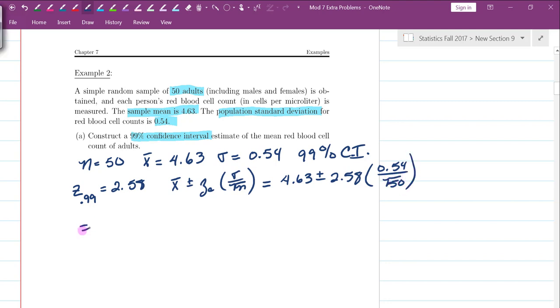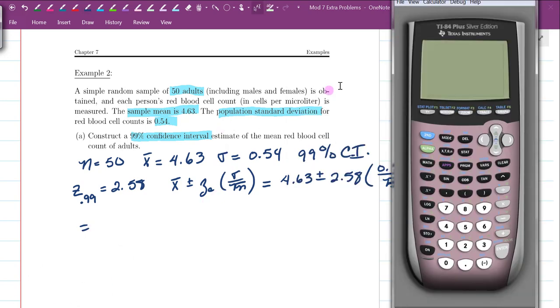And we're going to put this in our calculator. Clear, well, I guess I need to turn it on first, clear, and so we're going to have 4.63 minus 2.58 multiplied by 0.54 divided by the square root.